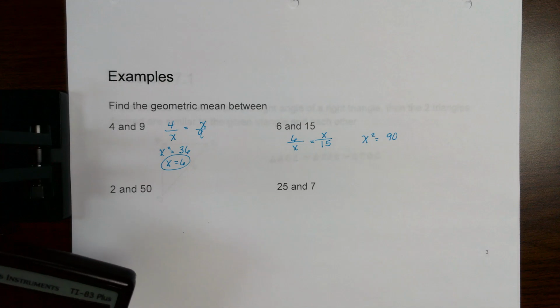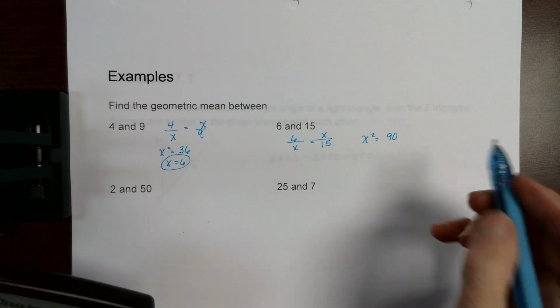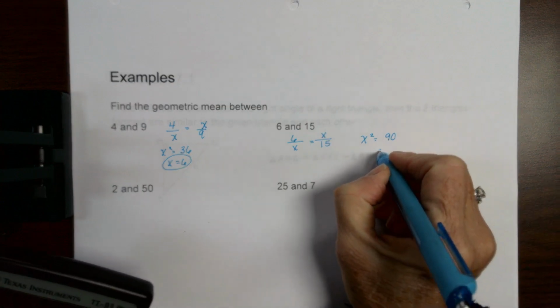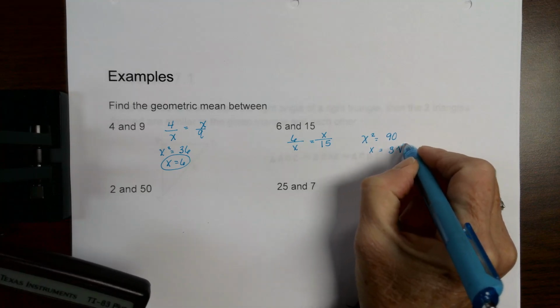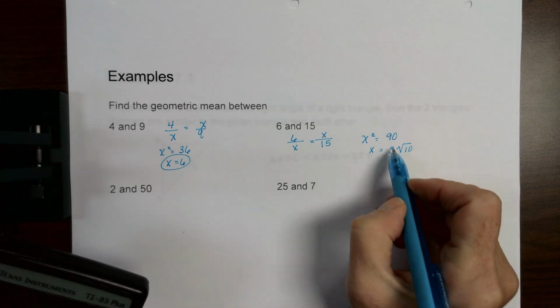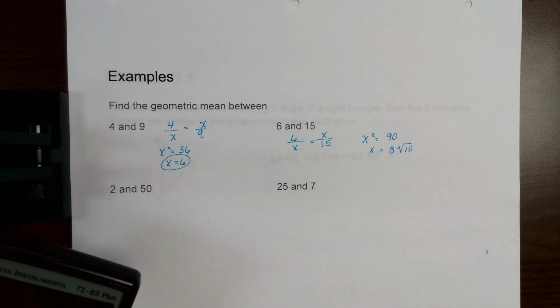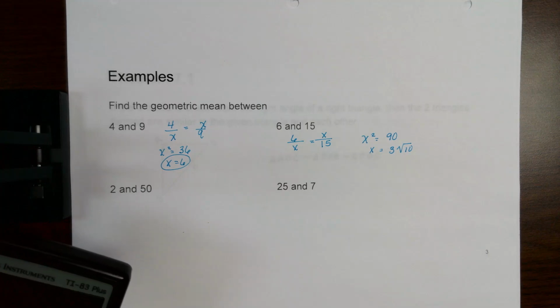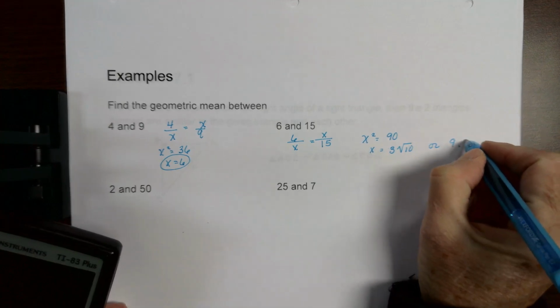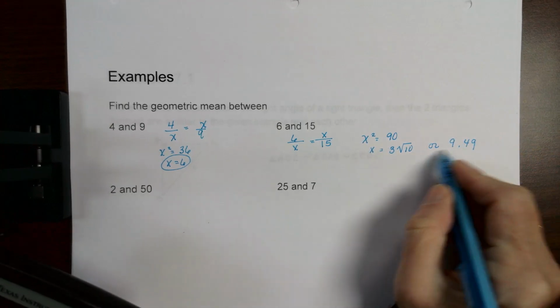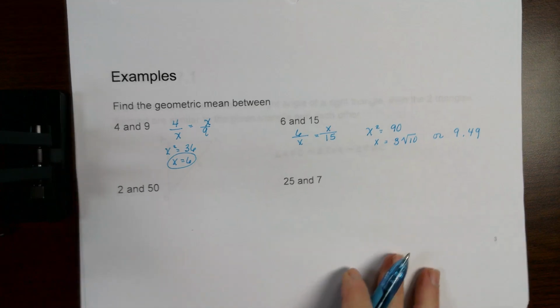Let's see if there's anything. I believe it would just be 9 and 10. So I could say x is equal to 3 times the square root of 10, because the square root of 9 is 3, or I could literally just get what the square root of 90 is, which is 9.49. Either one of those answers is acceptable.